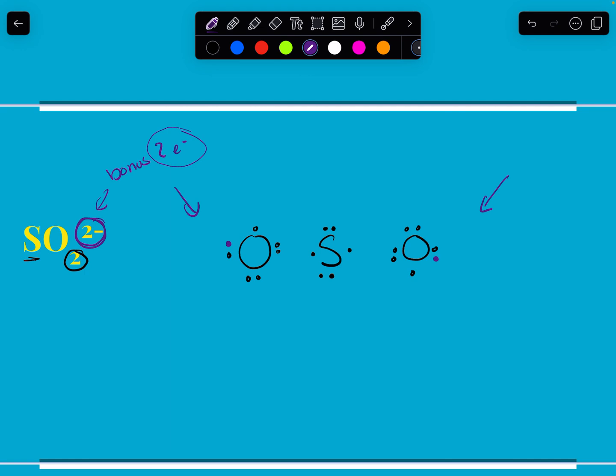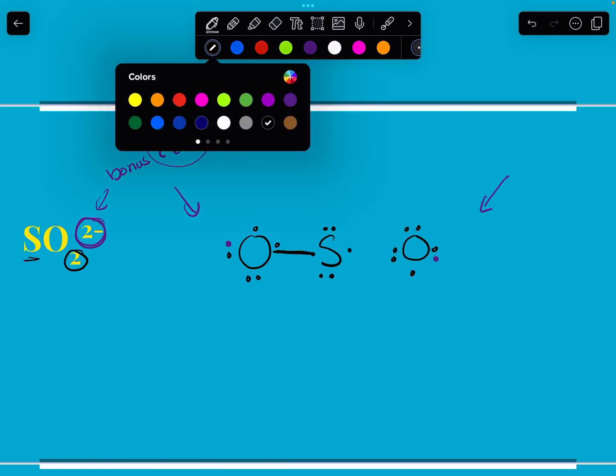All right, check your outside atoms. This one has 2, 4, 6, 7. So to get its octet, it needs a single bond here. That guy's good. Don't do any more bonding. And then check our oxygen on the other side, 2, 4, 6, 7. So it also needs just a single bond here.